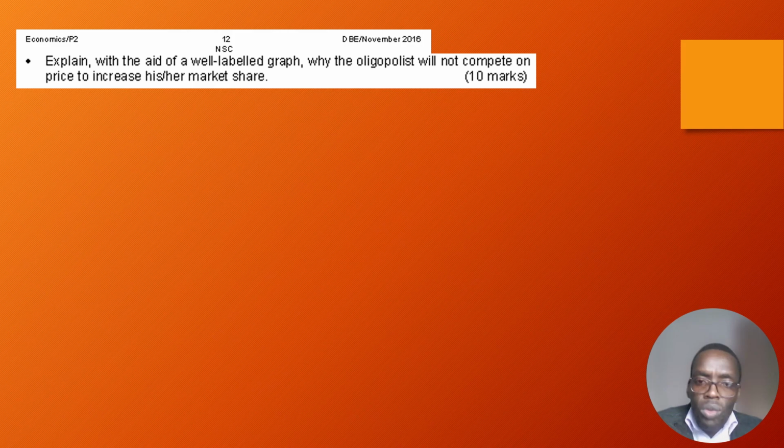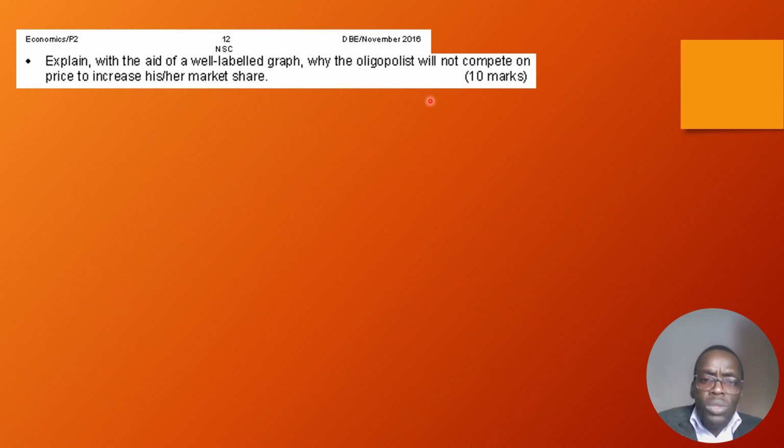Why they will not compete on prices as a way of trying to increase their market share. This one came as an additional part. As you can see here, this question was marked out of 10. And what we now know in economics, if this question is marked out of 10, then it means it came as an additional part to the essay.